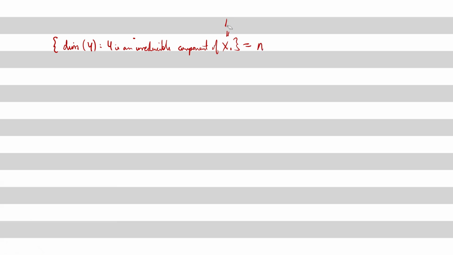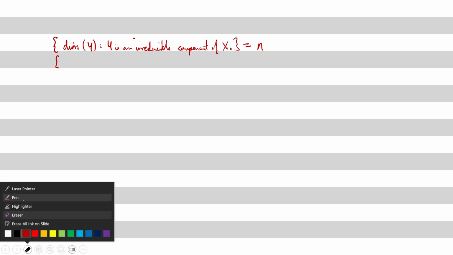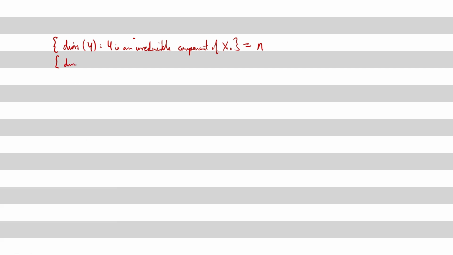Now, if we do the exact same thing one step below to X_1, dim Y such that Y is an irreducible component of X_1 is either n or n minus 1. And then I think you can see where this goes from here.